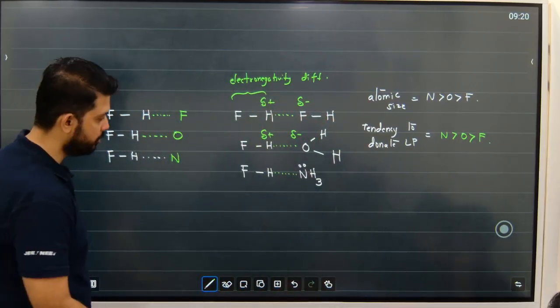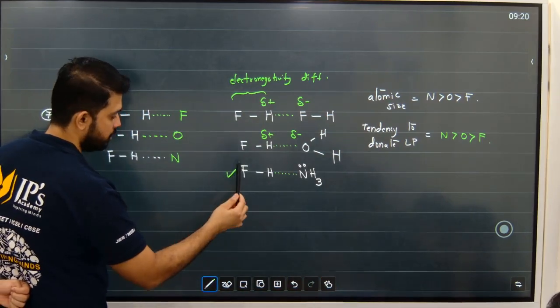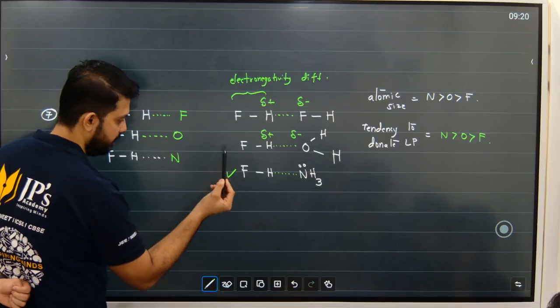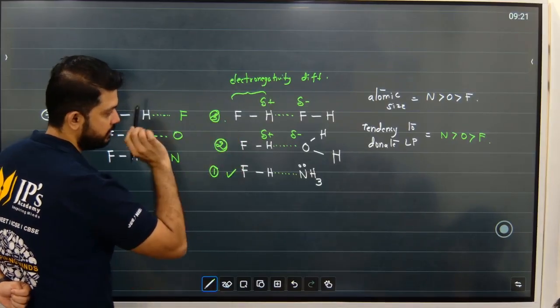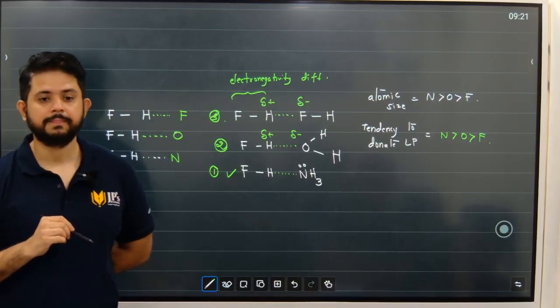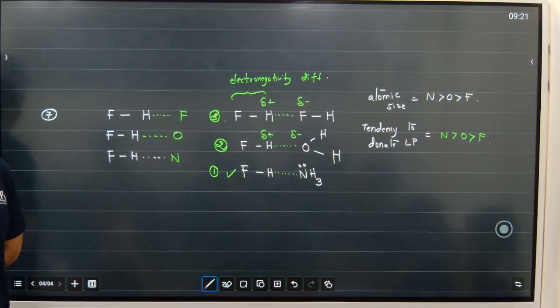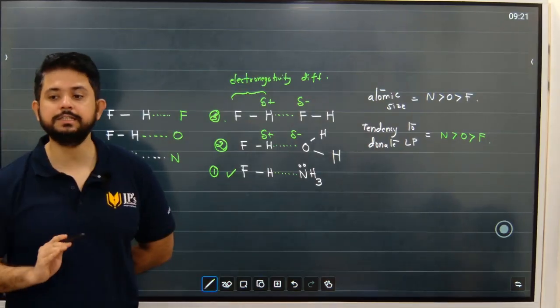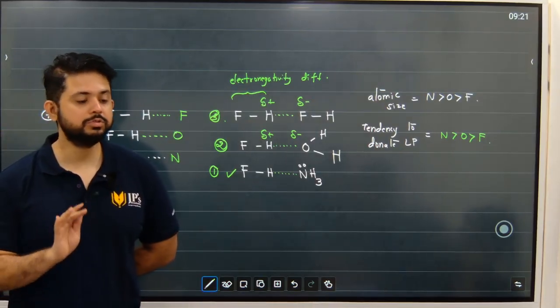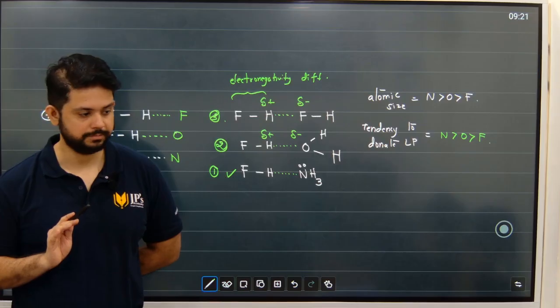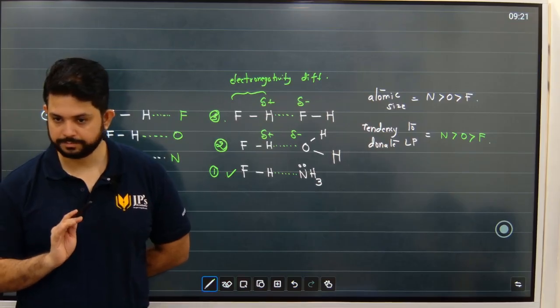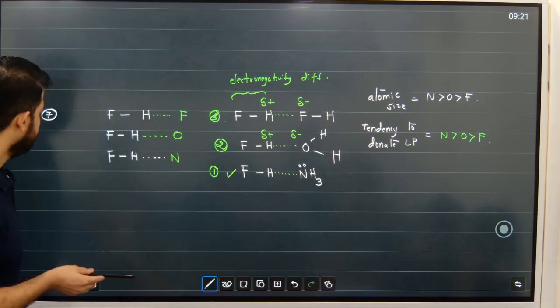So the lone pair donation tendency over here decides which is stronger in forming hydrogen bond. Did you people get that over here? Chalo.